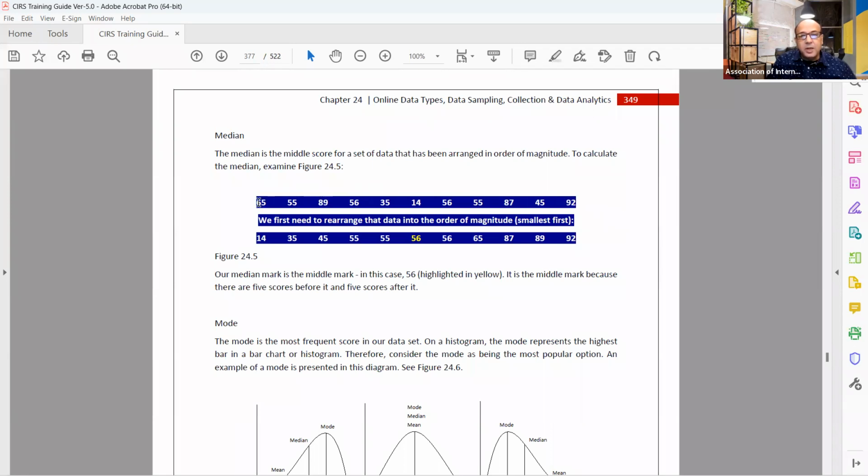There is no sequence that starts from the biggest and ends with the smallest. But to get a median, you arrange it from the smallest number to the largest one from the list. And let's say you select every sixth number. So the sixth is 56 here, and 56 would become the median or the middle number in this case.